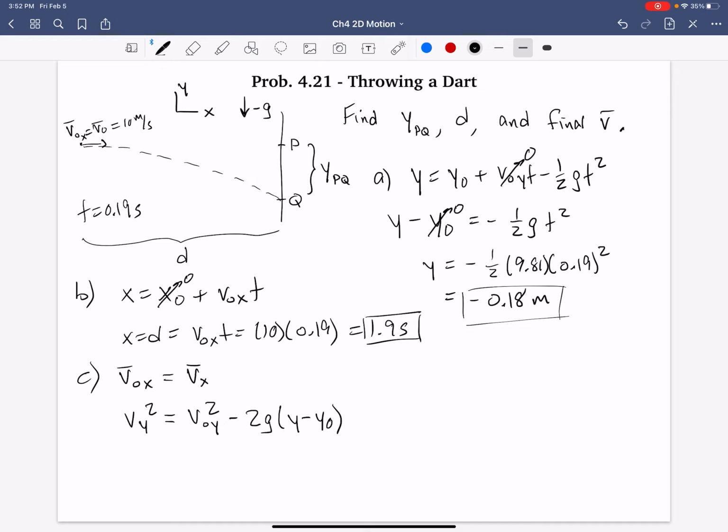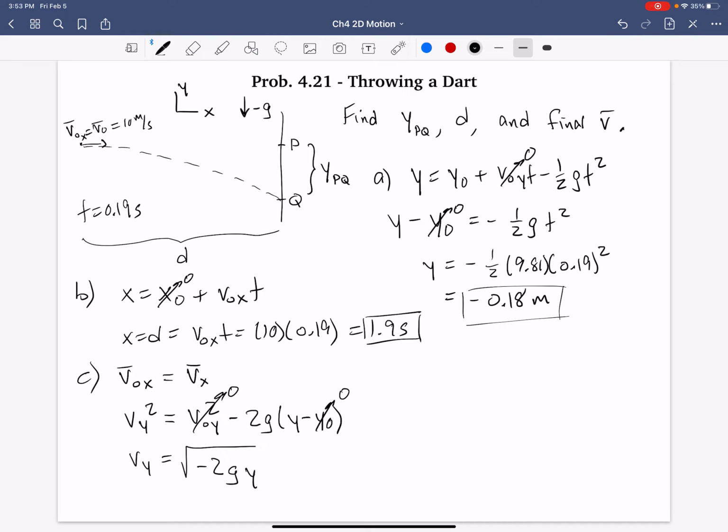And what cancels out here? V naught y is 0, since it starts out initially horizontally. And y naught, we said, was 0 earlier. And so vy, our final vertical speed, is the square root of minus 2gy.